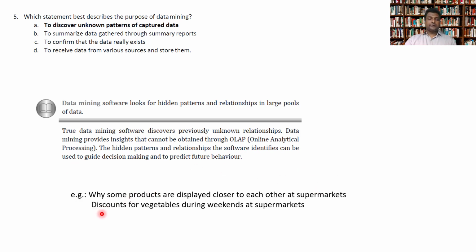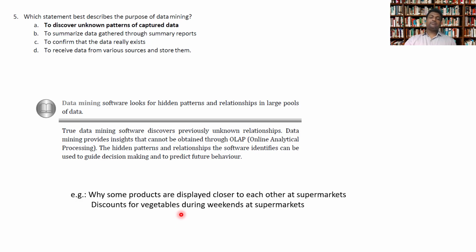Another example can be, most of the supermarkets these days are giving discounts during weekends for certain types of products. As an example, fresh vegetables and fruits are on discount during the weekends. Why they have done this is, they may have found, based on the previous buying patterns of people using data mining software, during what time people tend to buy these types of products more and more.